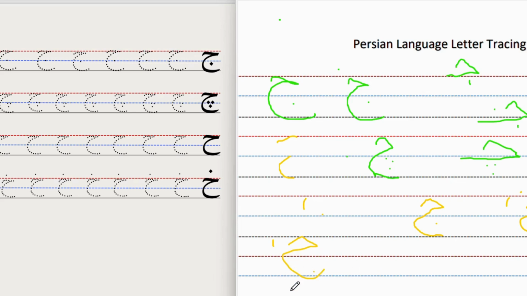I'm sure you would be able to do it after a lot of practice. Okay, one more time, let's review them. This is J with one dot. This is Che with three dots. This is He without dots, and this is Kh with one dot above.